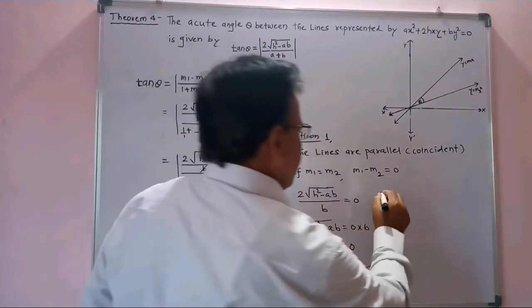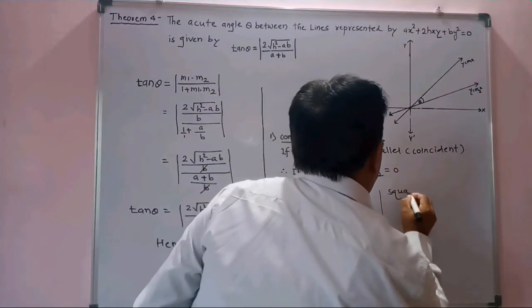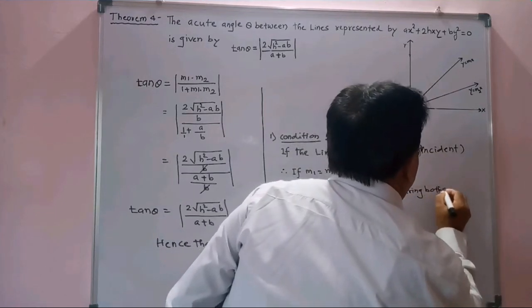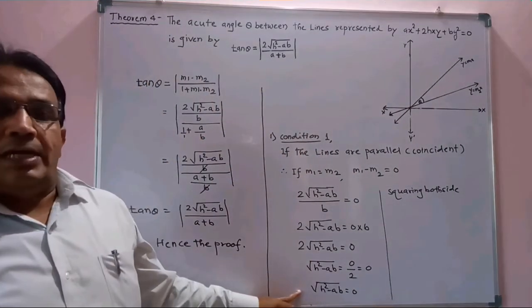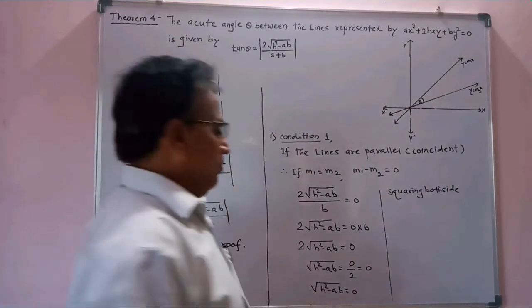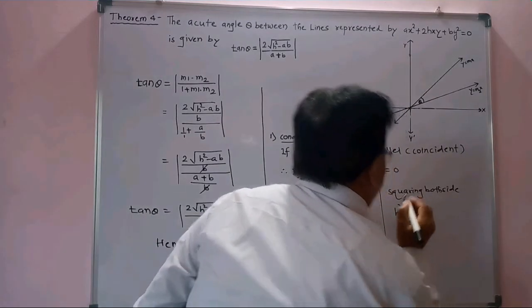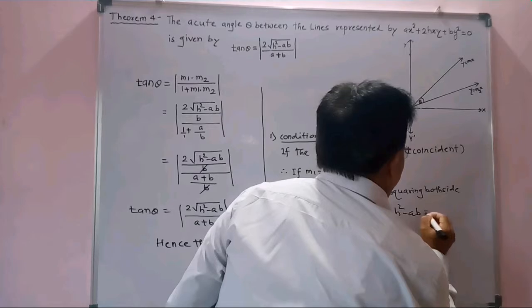Squaring both sides. Root h square minus ab, bracket square, the root cancels, so h square minus ab equal to 0 square, which is 0.